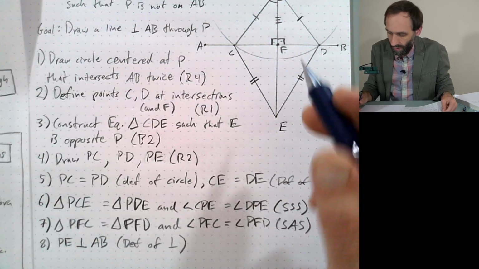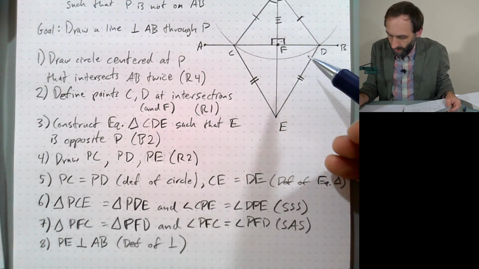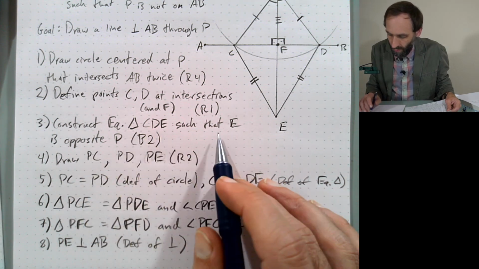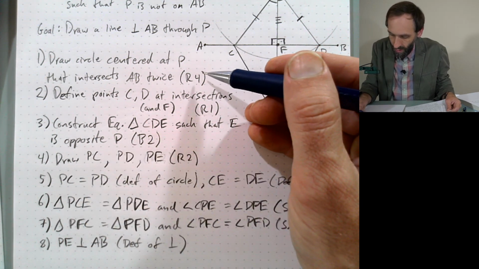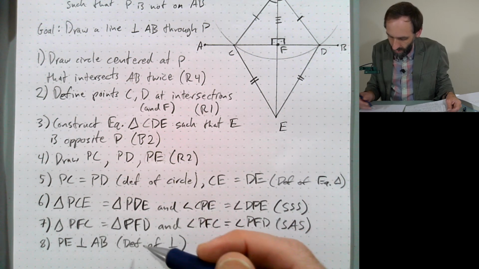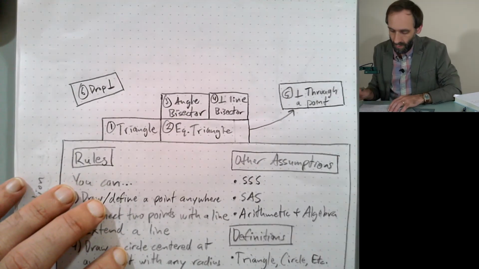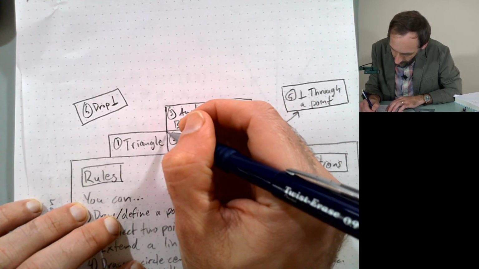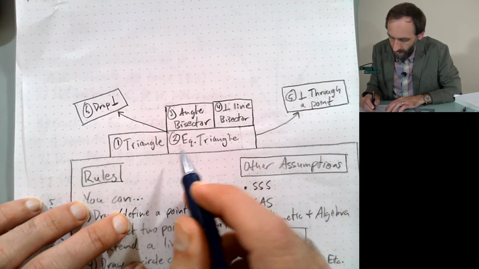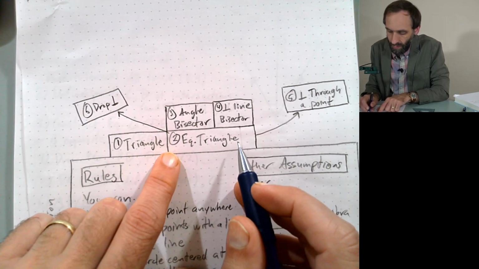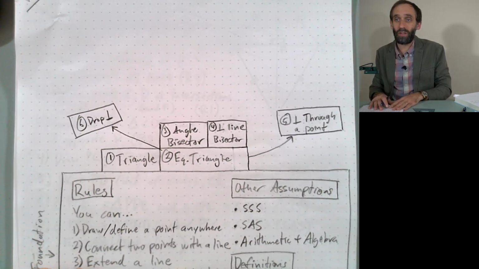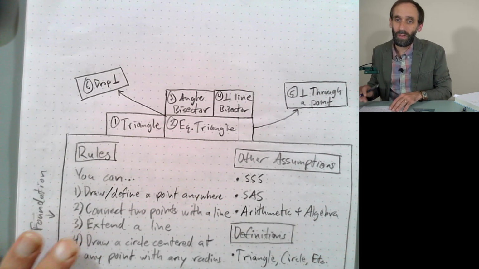It doesn't depend on the angle bisector. Really, the only brick that we see show up is brick number 2, construct an equilateral triangle. Other than that, it's just the rules and these assumptions and definitions. So let's draw an arrow here. So it depends on brick number 2, and so that's where it fits into our axiomatic system.